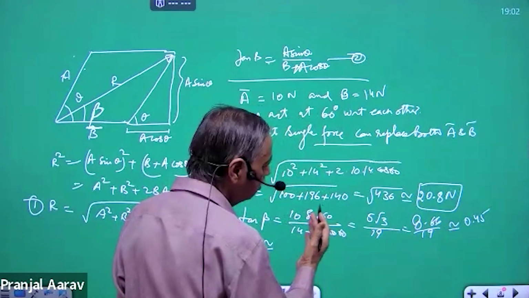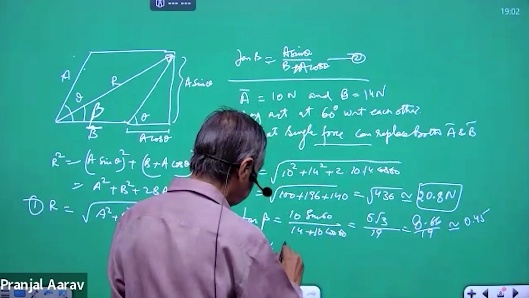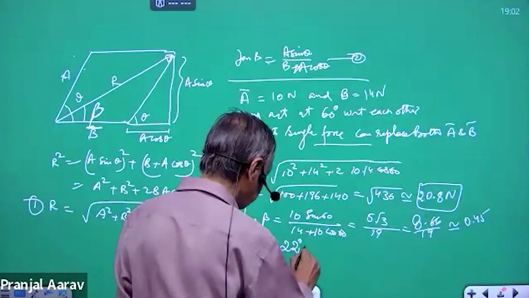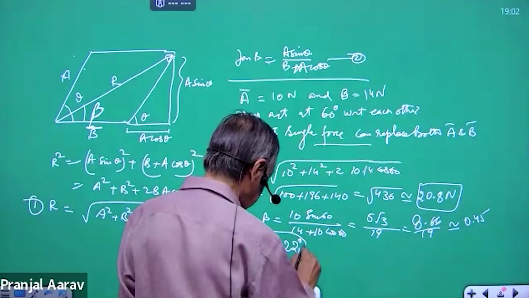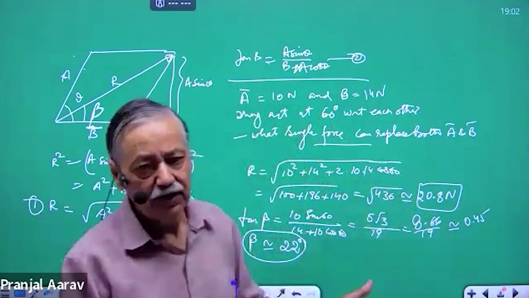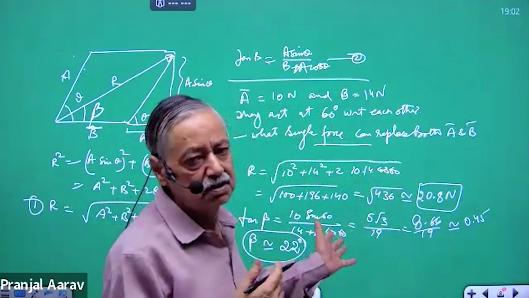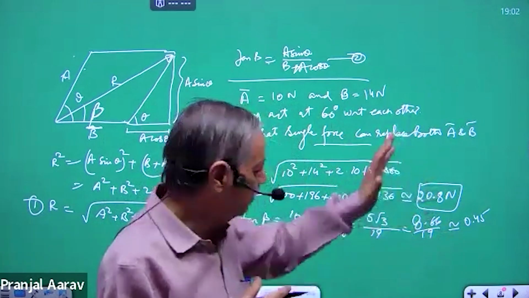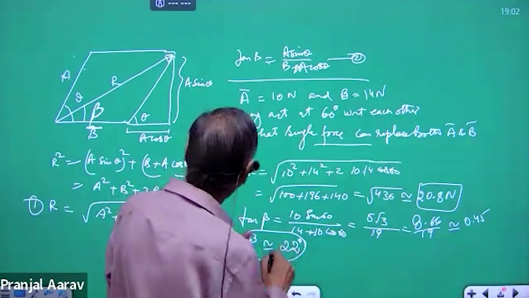Around 20, or say 22 degree. This value you have to get from the calculator or from the tables like log tables, that's a separate thing that we will study separately. So beta is 22 degree.